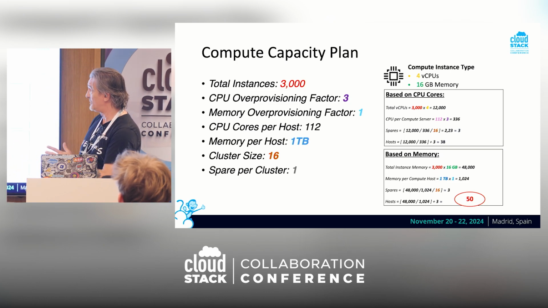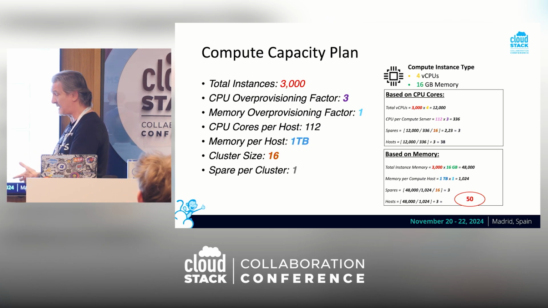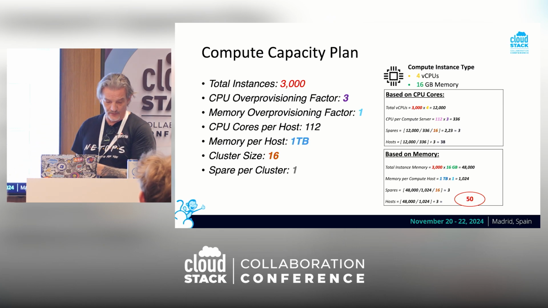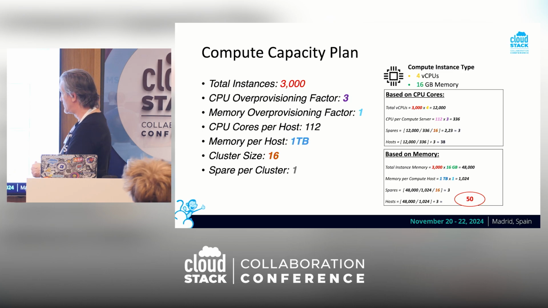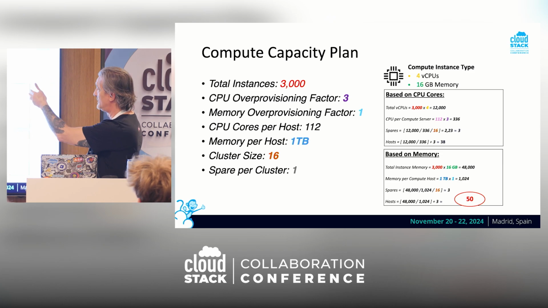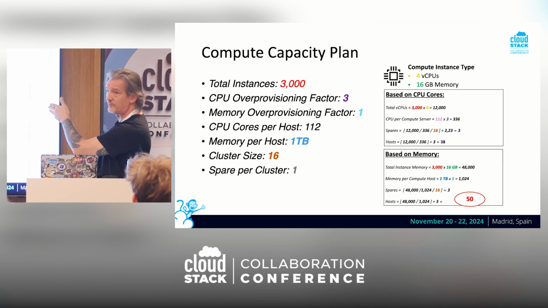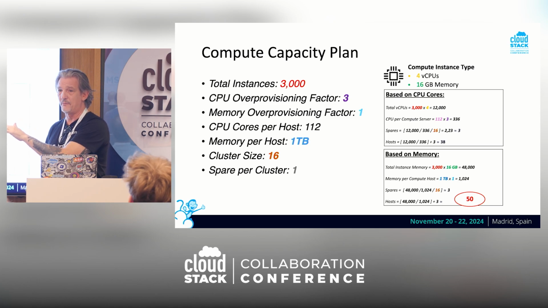The first thing I need to know is how many hosts you need for my infrastructure. In that case, the constraining factor is the memory. Considering the same compute instance, the variable I have here is a CPU overprovisioning factor of 3, and I will not consider an overprovisioning factor for the memory.